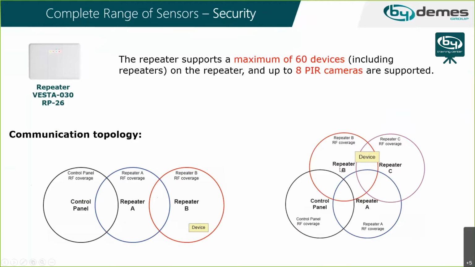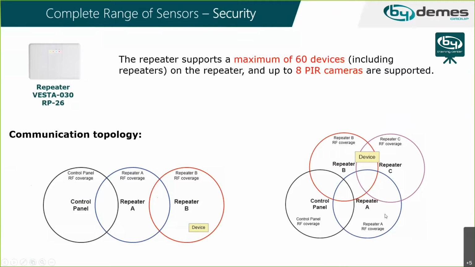We have repeater B and repeater A. We can connect them to the panel, and repeater C, we decide if we want, we can connect it to repeater B or to repeater A, or we can put them together. So the repeater C, we can connect it to repeater B and repeater A, but it's not recommended.